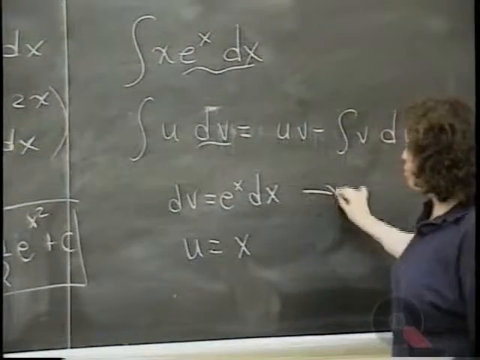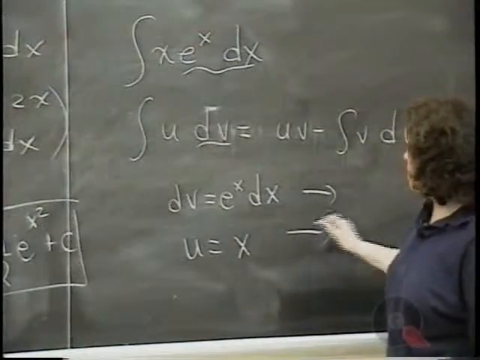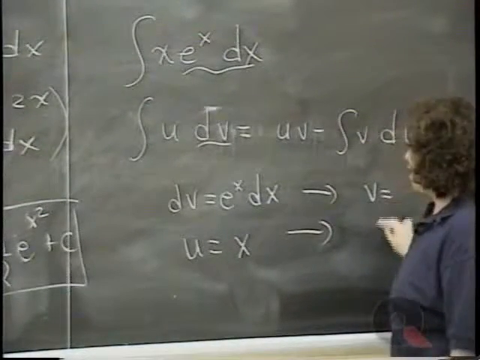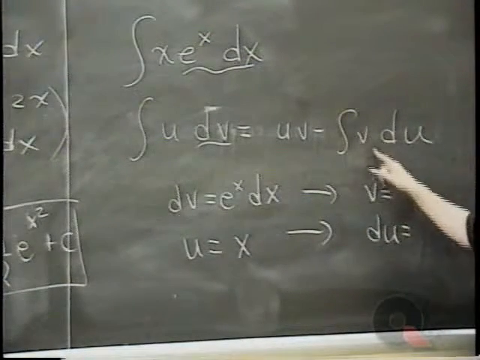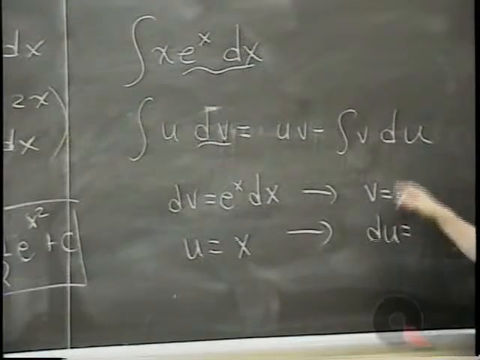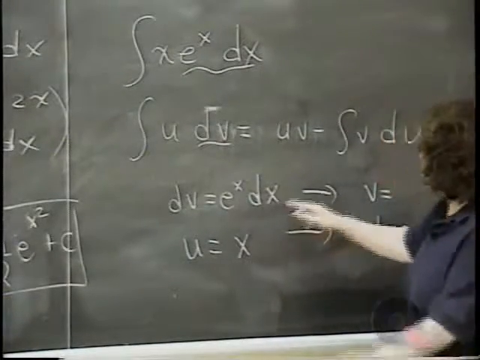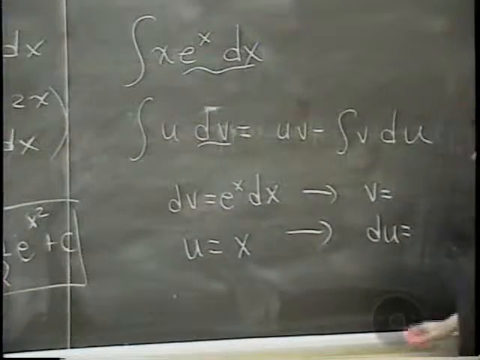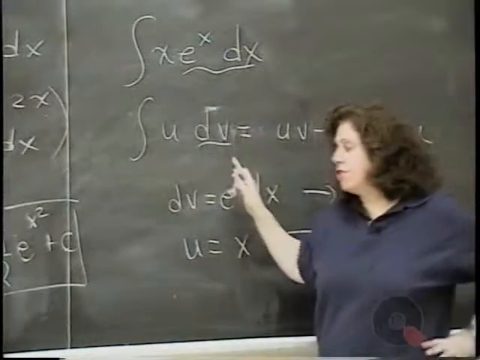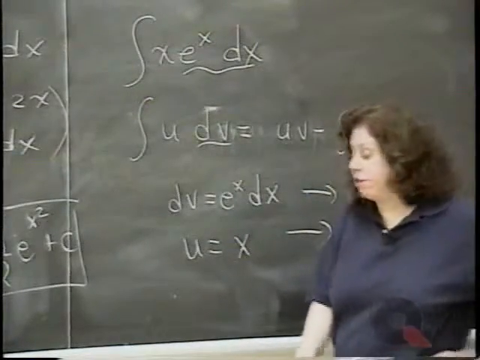Now, we're going to use this to figure out what v is and what du is. We need v and du for this part of the formula. So from dv, we will integrate to get v. From u, we will differentiate to get du. Remember, dv was chosen to be the most complicated thing that you knew how to integrate.